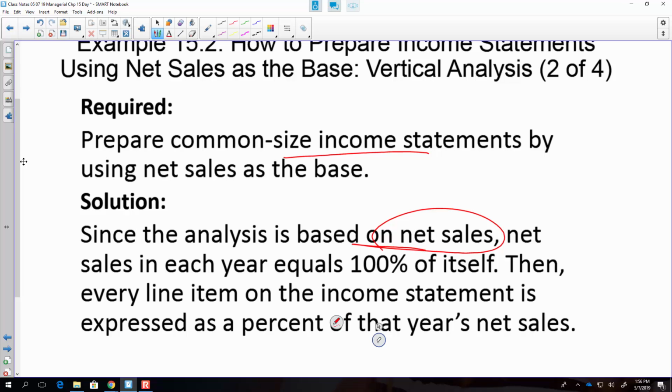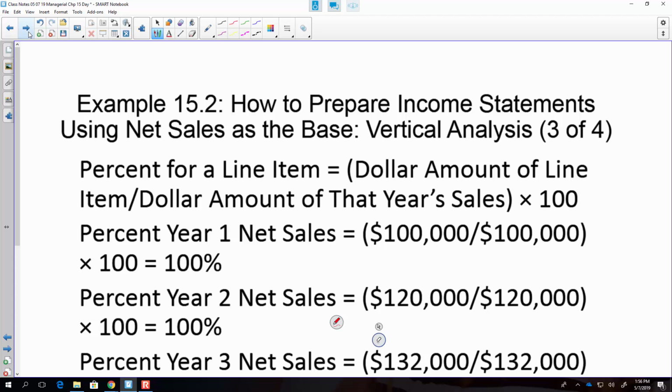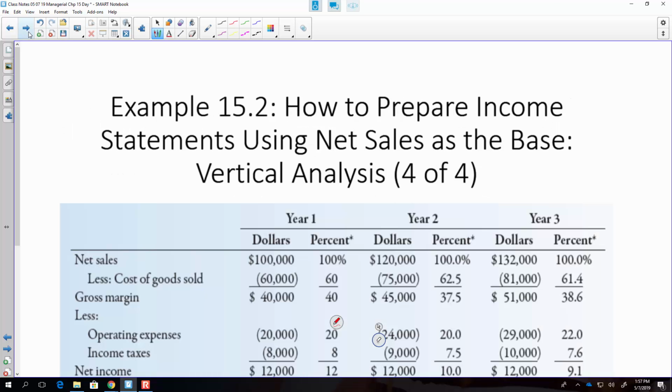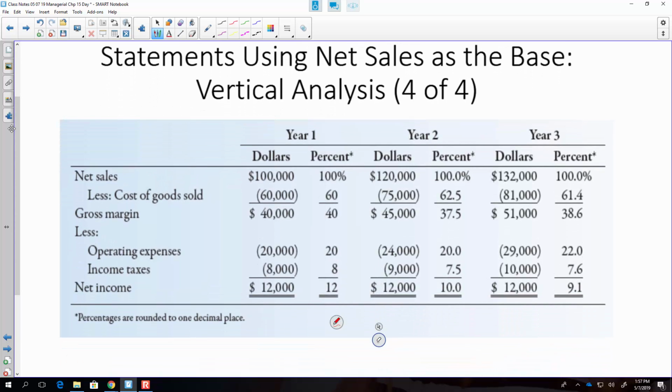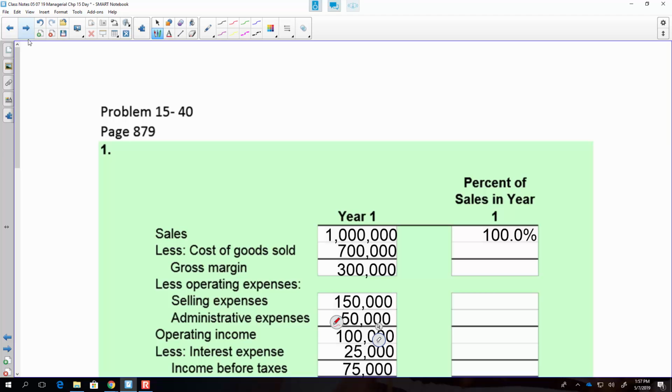So that is always going to be our 100% amount. So now they're dividing each of these amounts by that base sale amount. Like I said, these vertical ones are more common than the horizontal, because many software programs already include them. So our example for a vertical analysis then is problem 40, page 879.